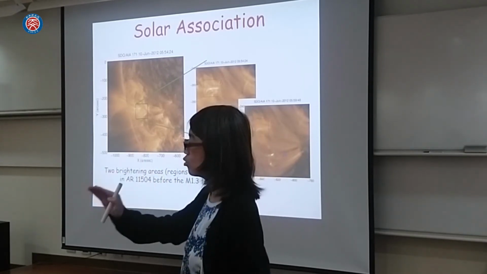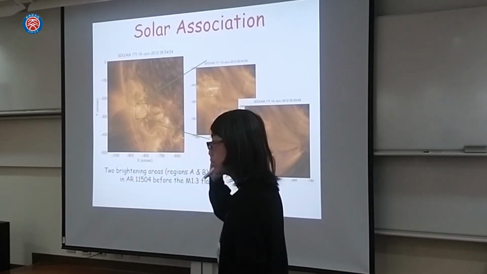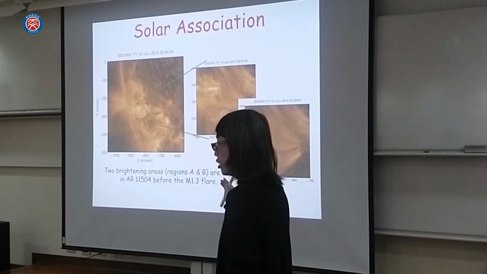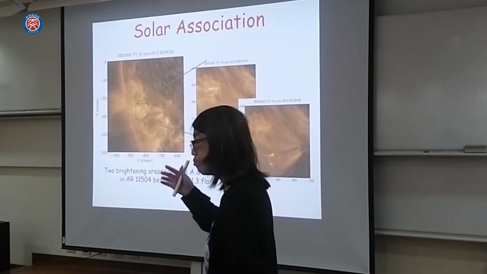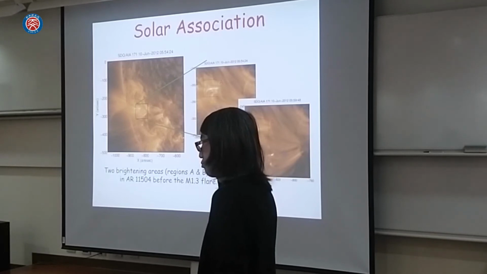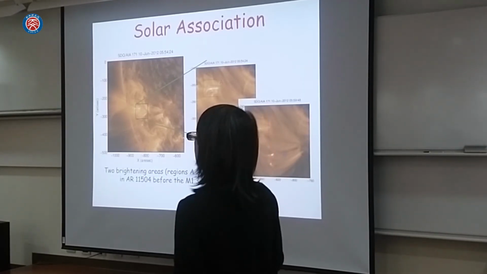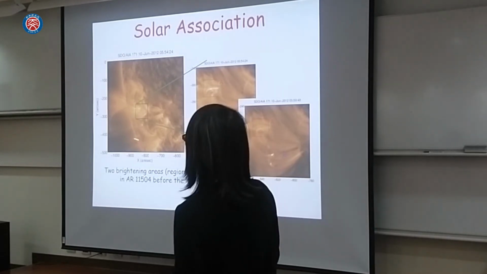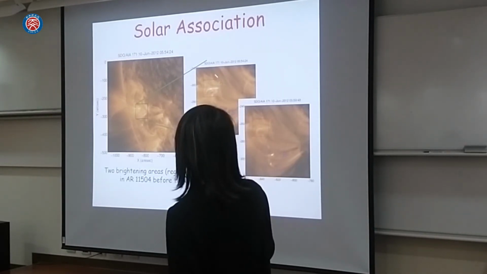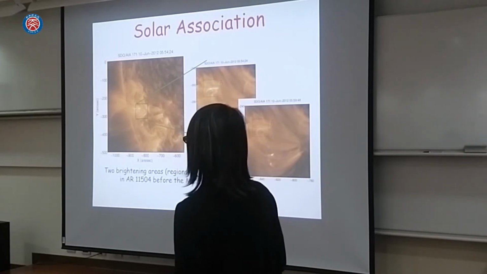When magnetic reconnection occurs, it should have some plasma heating or particle acceleration. When you have heating, then you might see some brightening in the image. That's our idea, so we're looking for the AIA brightening. And we find localized areas A and B showing brightening at some times.